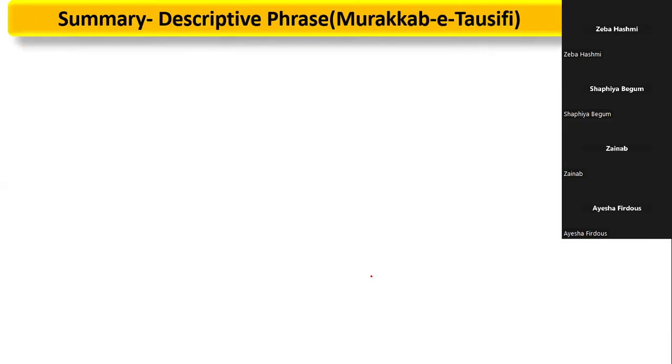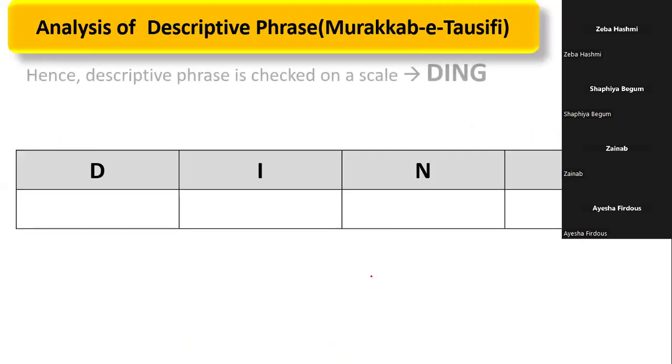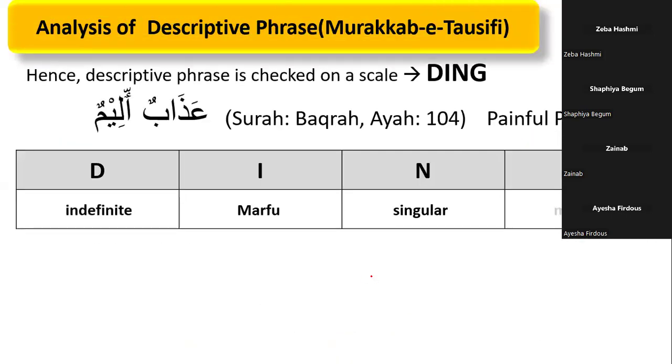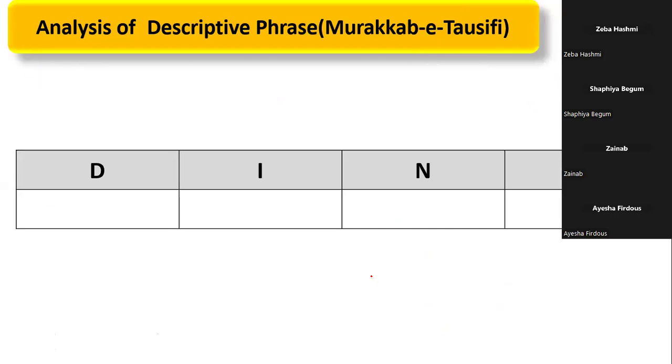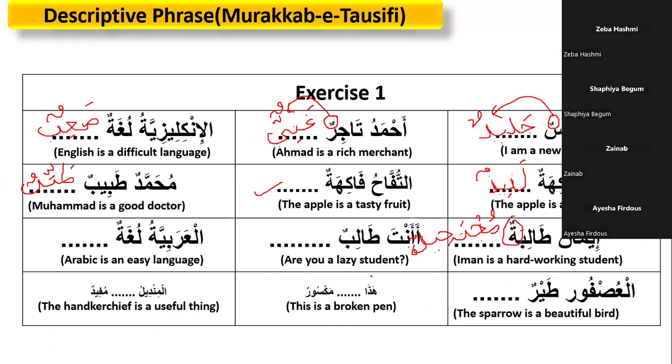Kaslanu. So now you keep in your mind that when you use the adjectives which express feelings, you need to use only one dhamma, whether the noun is in definite state or indefinite state, it doesn't matter. So here, how can I take? See here, your noun is indefinite. Am I right?